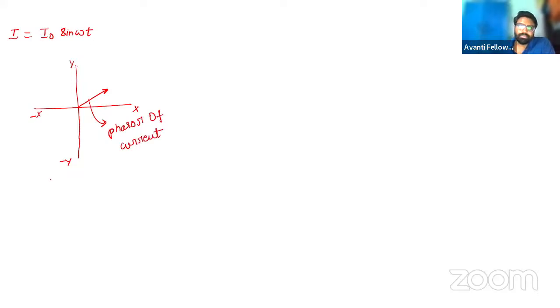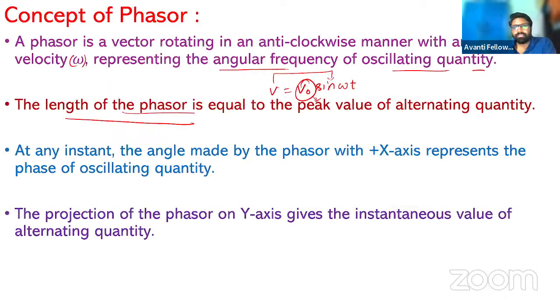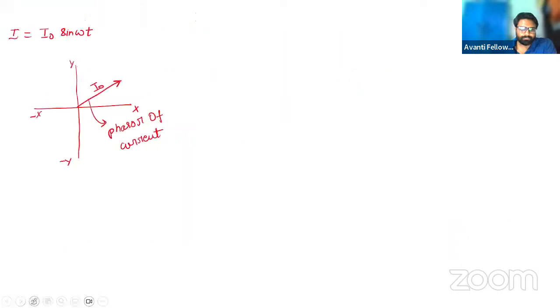So this particular length represents what? I naught, because the length of the phasor is equal to the peak value of the alternating quantity. Okay, so here the length of the phasor is I naught.